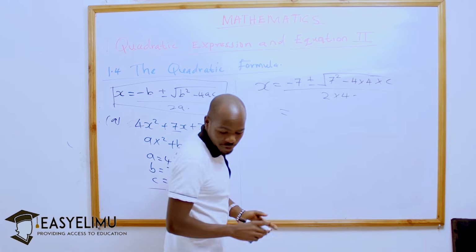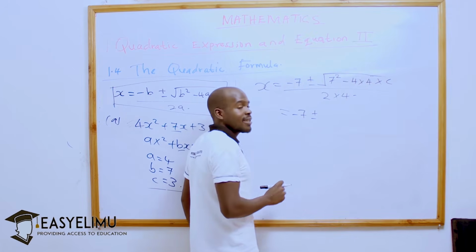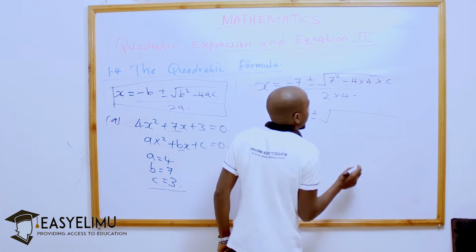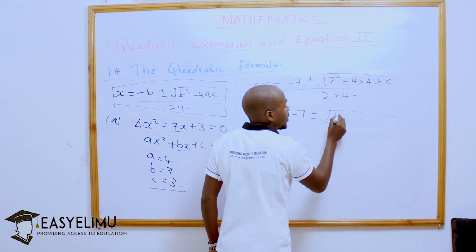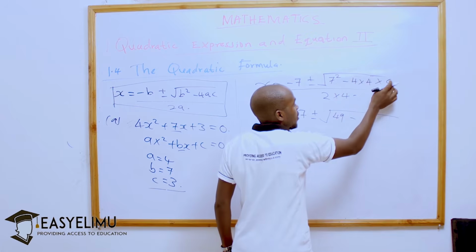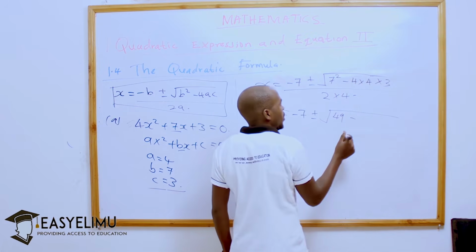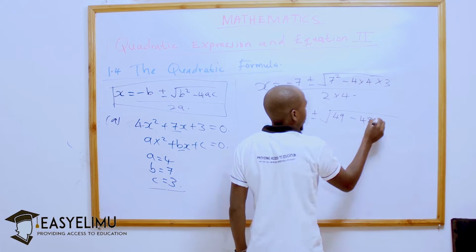So if we do that, we are going to find negative 7 plus or minus the square root of, and 7 squared gives us 49, minus 4 by 4, 16, by 3, which is 48.